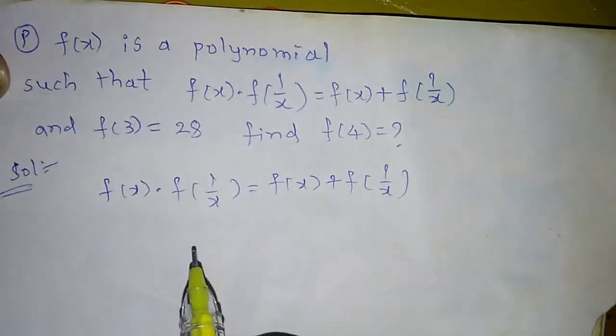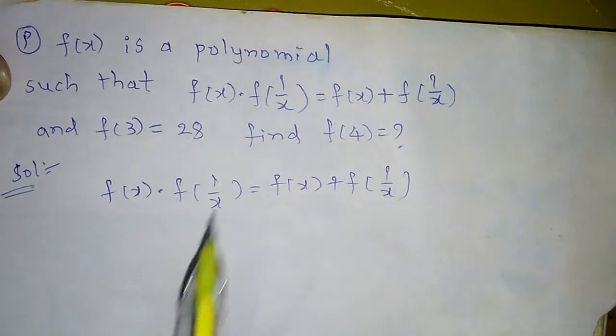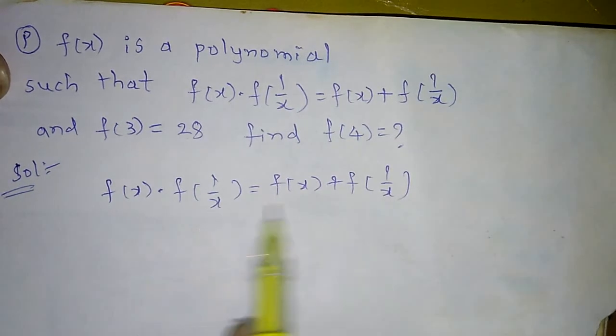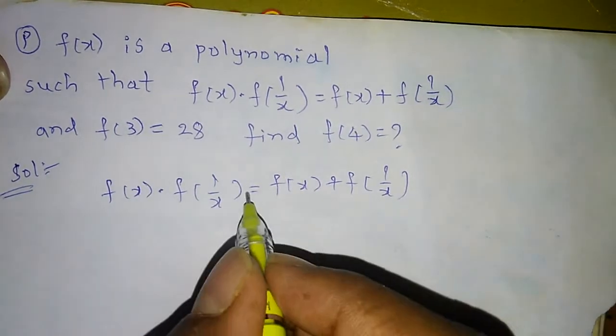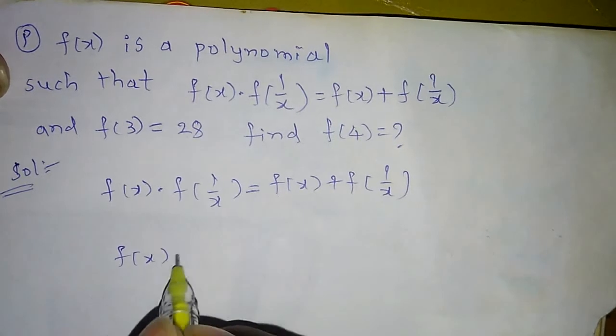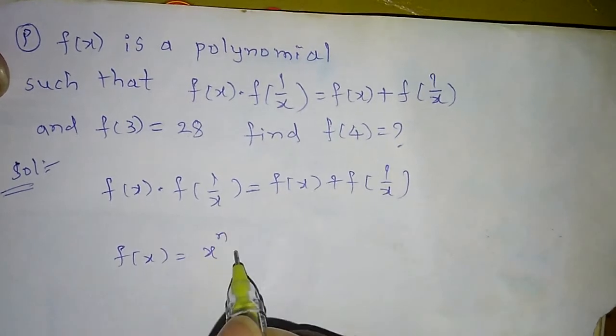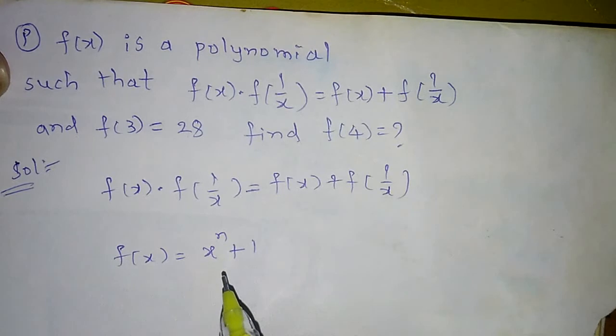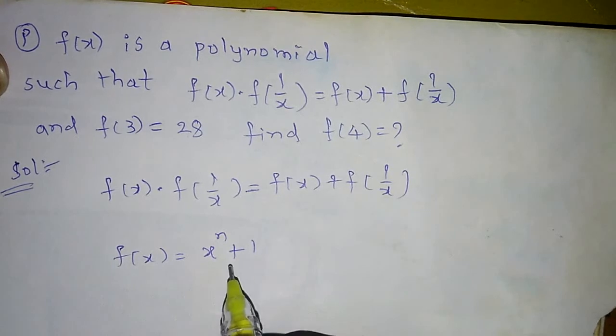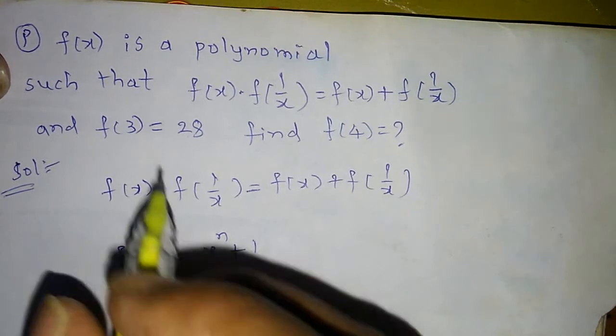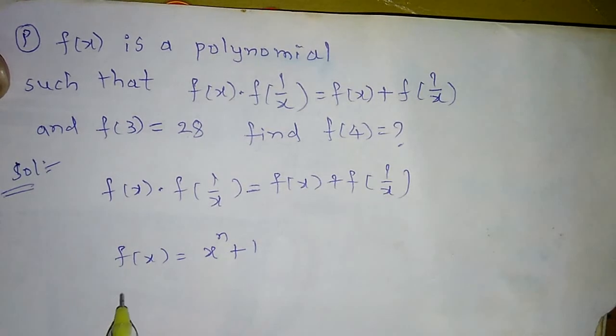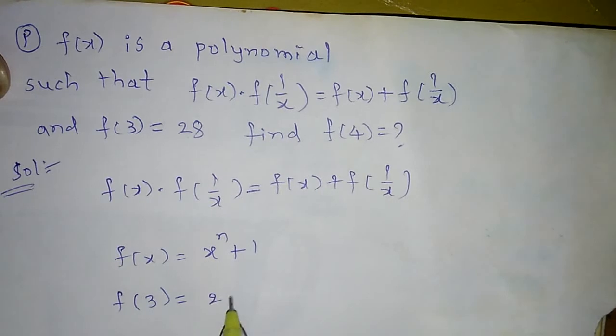F of x is a polynomial. So there is a trick here. If a polynomial satisfies this condition, then f of x is equal to x power n plus 1. Actually plus or minus 1 you can take. Here plus 1 satisfies. So f of 3 is given as 28.